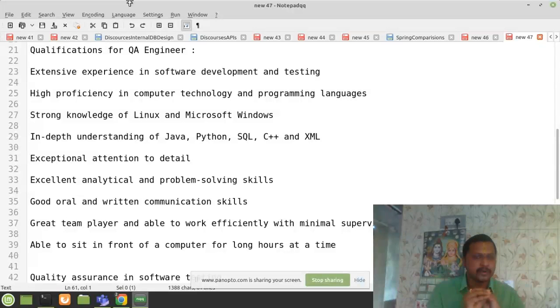Those 3 points are the key for any role, whether a QA engineer, a developer, or marketing, wherever you go, these 3 points are very important. That's where we need excellent analytical and problem solving skills.